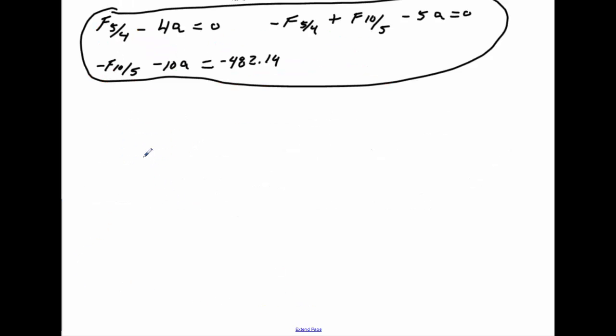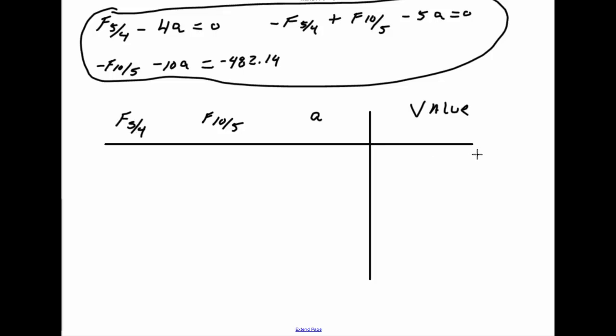I'll scroll down here. So I'll set this up as F 5 onto the 4, F 10 onto the 5, my acceleration, and then my value here. Come to the first equation, we put a 1 in for the 5, 4.